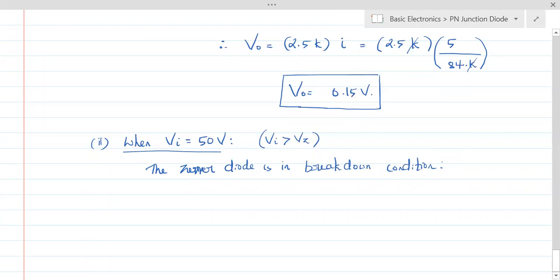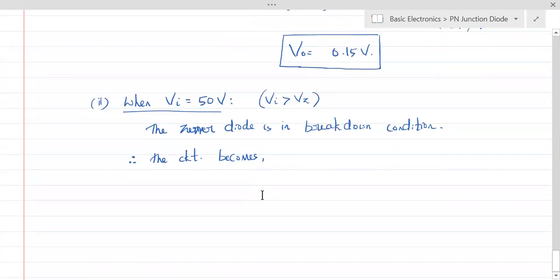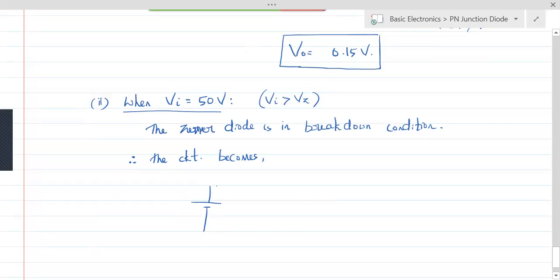Understand? So therefore, the circuit looks like what? Therefore, the circuit becomes what? Everybody just copy down the circuit now. So this is the applied voltage, which is supposed to be 50 volts.